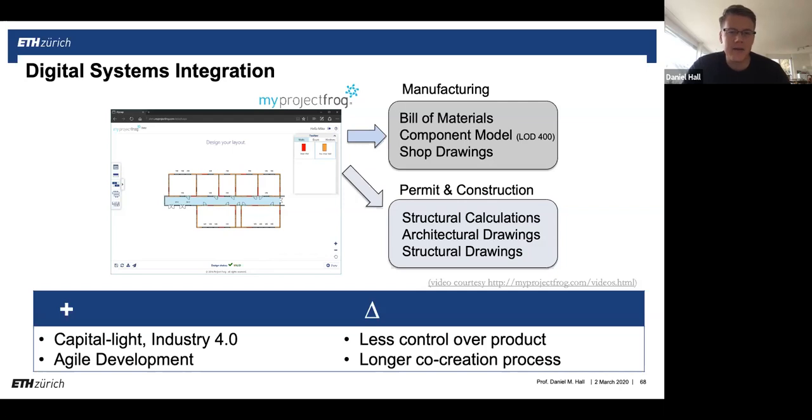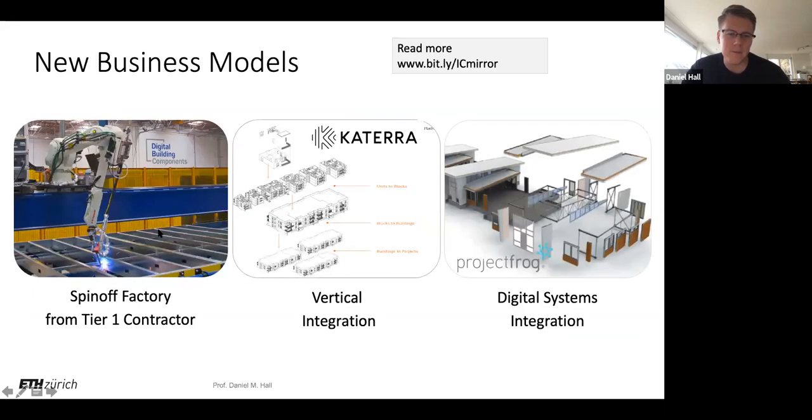They're more agile in their software development and in the final products. There are some downsides to this approach, is that there's less control over the product. You're more reliant upon your suppliers. So you're not reliant on your own decisions like Katerra. You have to kind of co-create your products with the supply chain. So it takes a little bit longer in order to do that, and there are some challenges there.